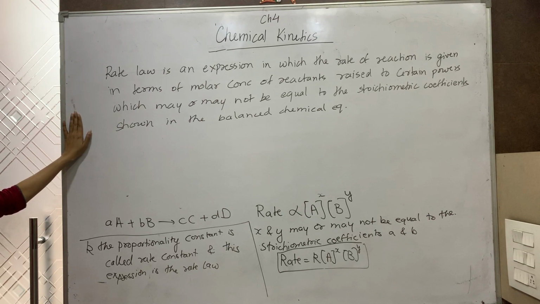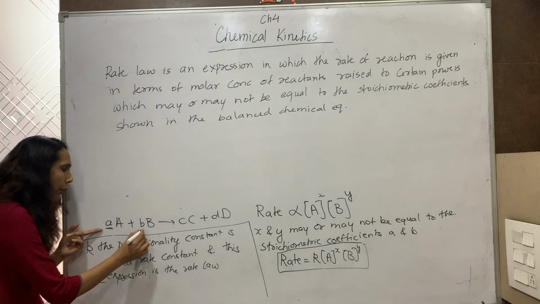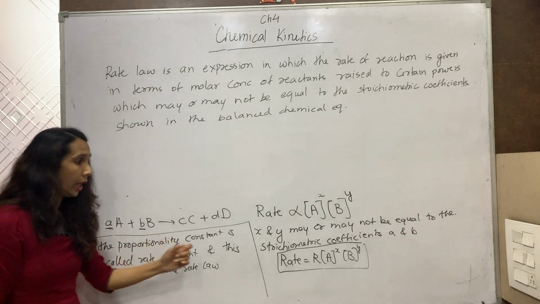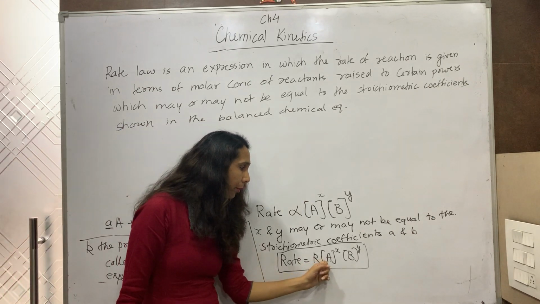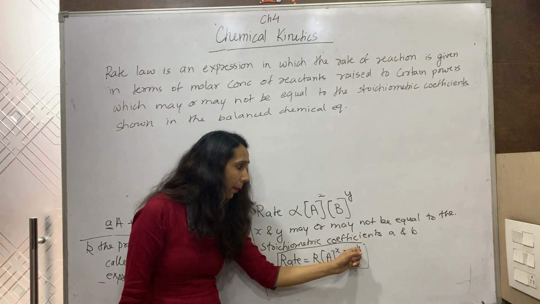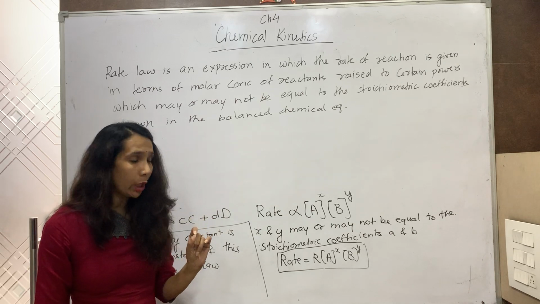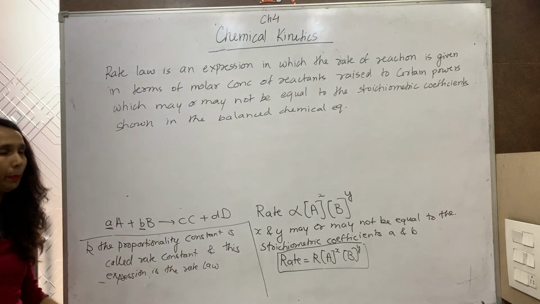Now let us understand the meaning of this. Again, you can see the stoichiometric coefficients are a and b. Rate is expressed in terms of concentration of reactants. They are raised to some powers x and y which may or may not be equal to a and b.